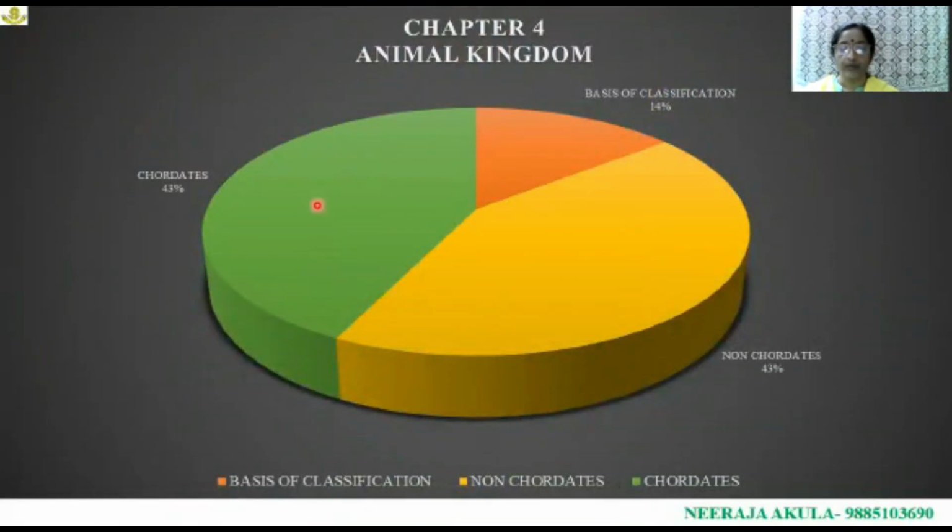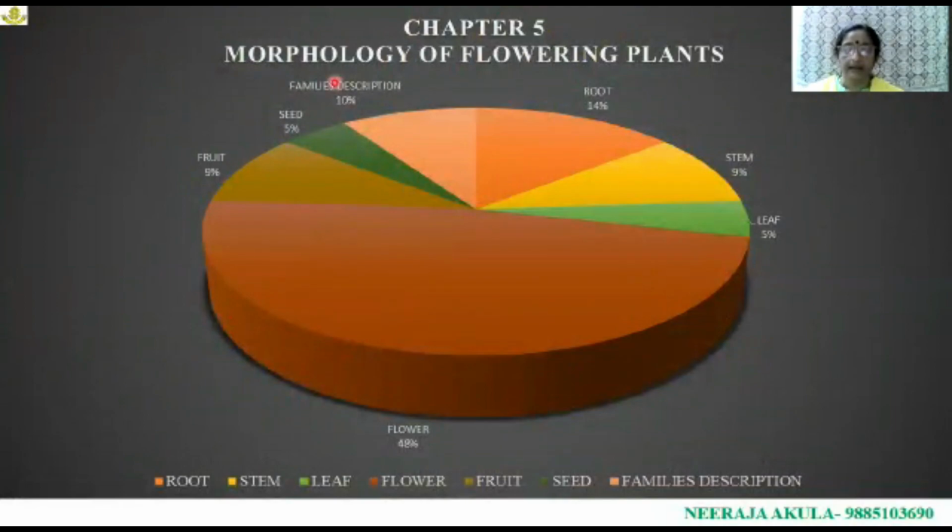Chapter 4, Animal Kingdom. Most of the bits came from non-chordates and chordates. Equal contribution is associated with these 2 topics. Chapter 5, Morphology of Flowering Plants. More bits came from flower.